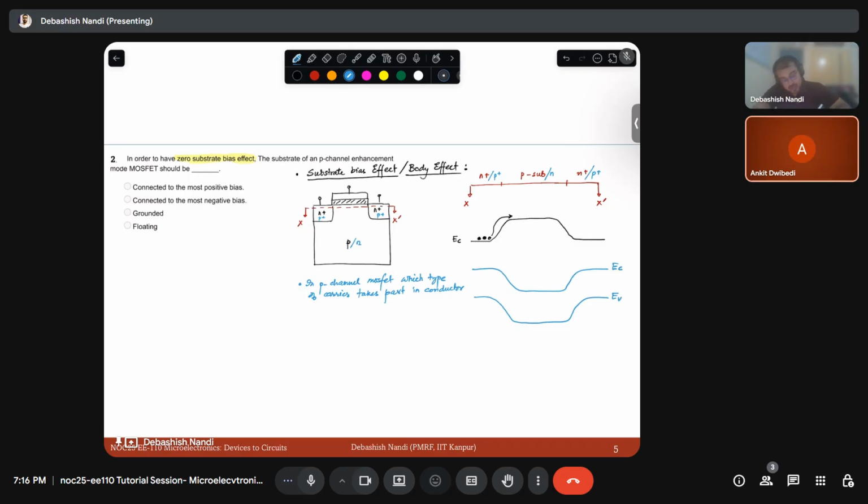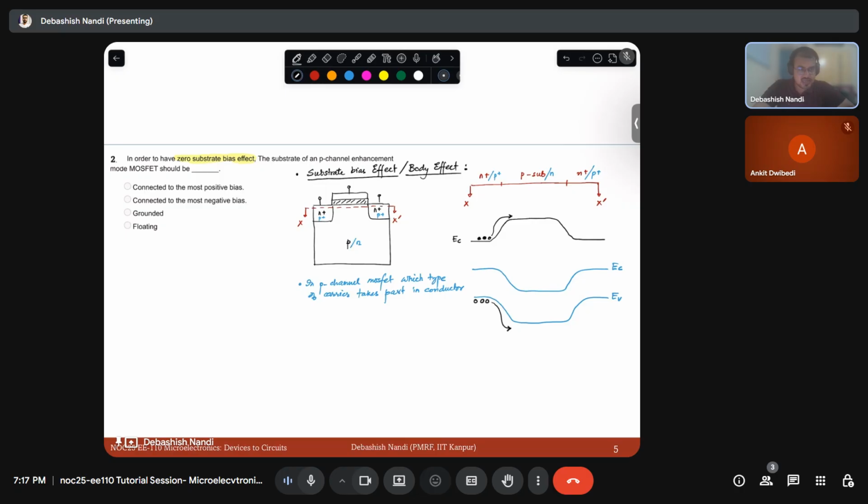If these are holes, hole energy increases when we move downwards in the band diagram, right? So you see that in this case also, holes will see a potential energy barrier to cross, which we need to reduce by applying the gate voltage.